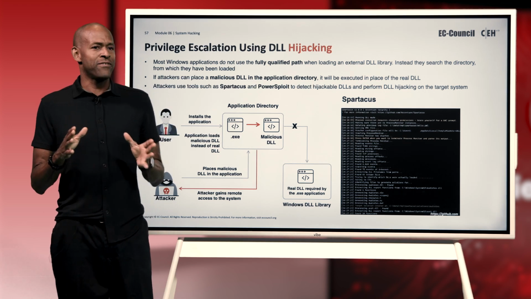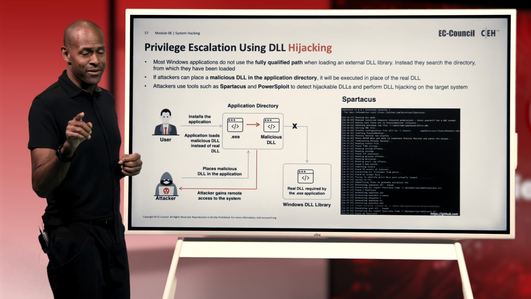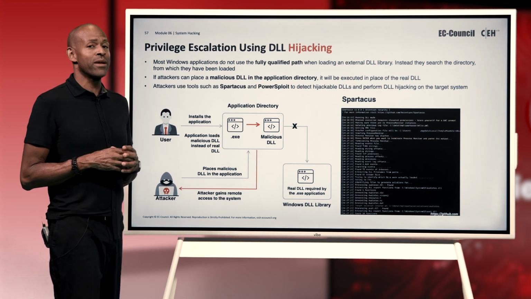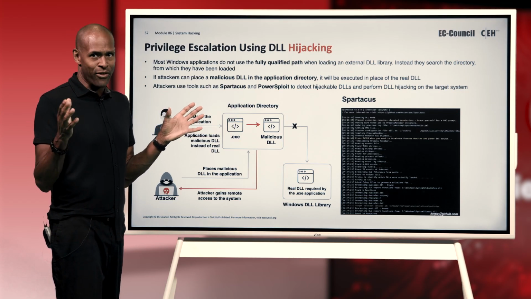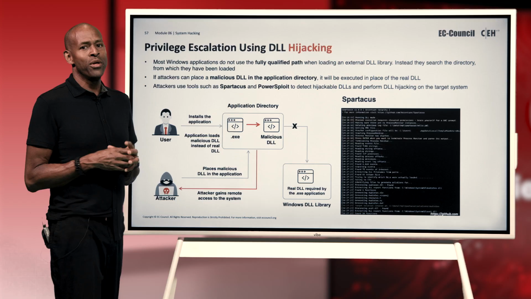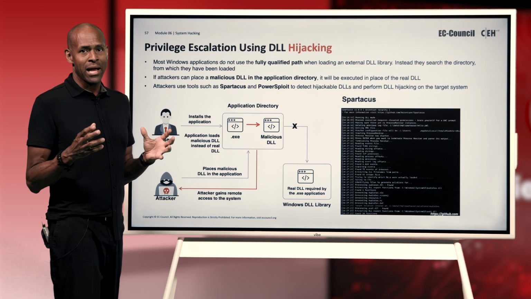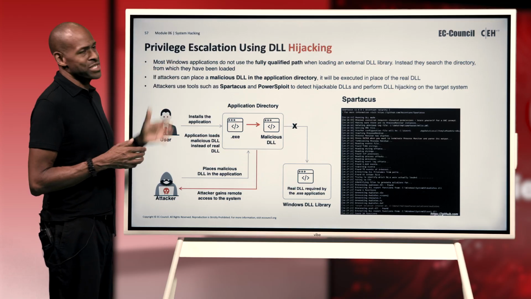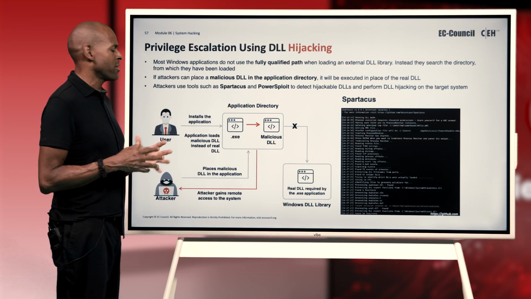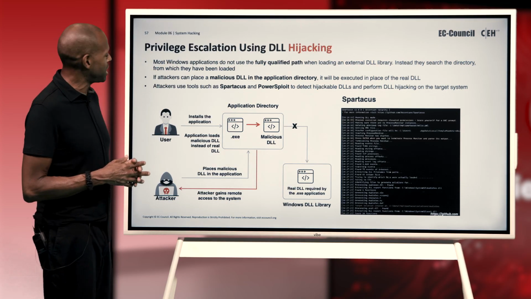Okay, so what if I, as an attacker, can get a hold of that library, and when that app calls HScroll or whatever, it also is able to make use of my malicious code? That's what we're talking about: privilege escalation using DLLs. There are a lot of other types of hacks we can do with DLLs.